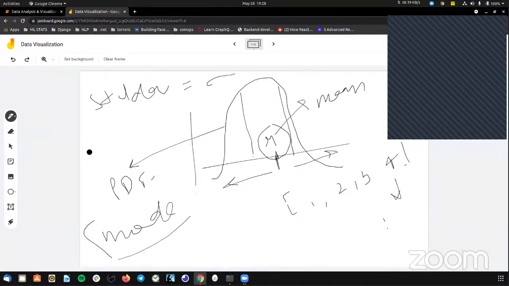If you remember, 1 upon sigma root 2 pi, right? You put in the x values, and the moment it spits out the values, you generate this sort of curve. So you end up getting this curve, which is the normalized curve. That is how we get it.